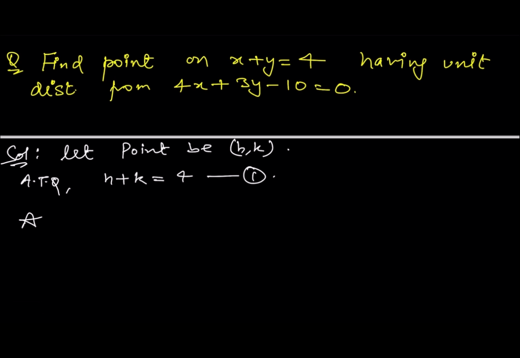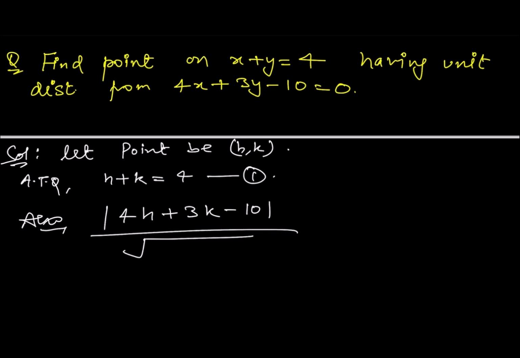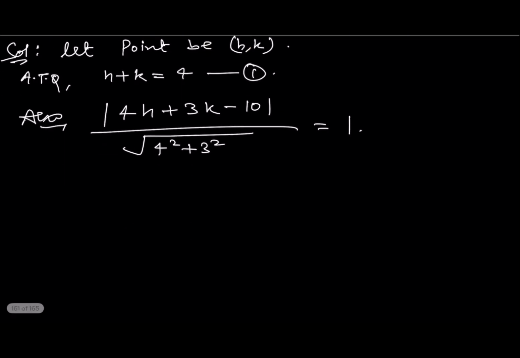Also, mod of 4h plus 3k minus 10 upon root over 4 square plus 3 square is equal to 1. After removing mod, plus minus sign will be on the RHS. So after cross multiplying, this will become plus minus 5 on the RHS.